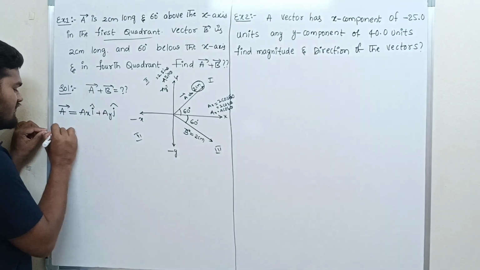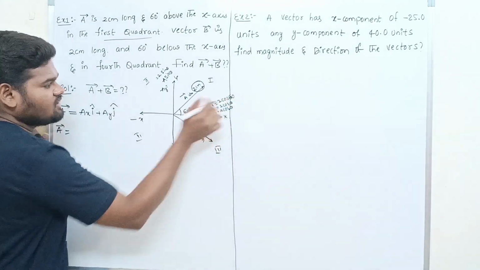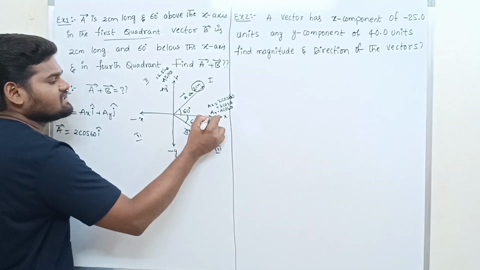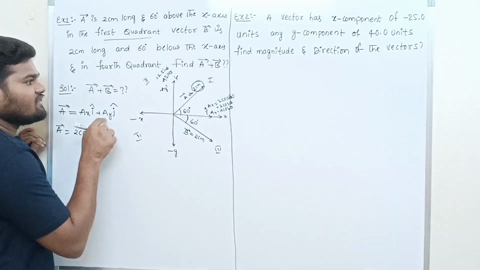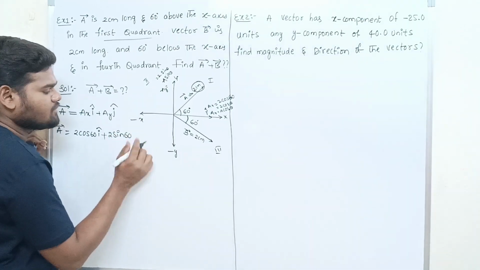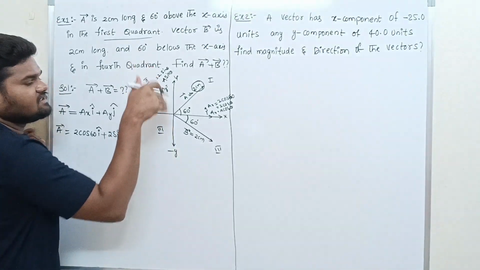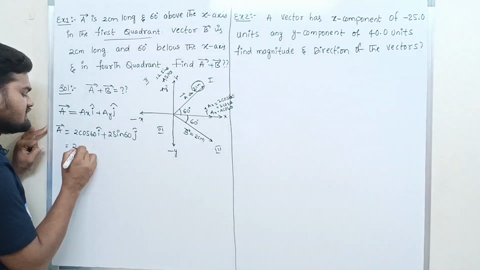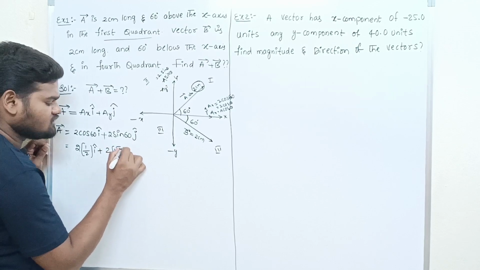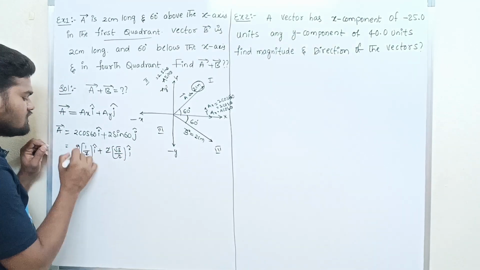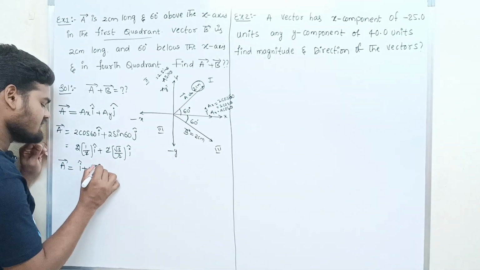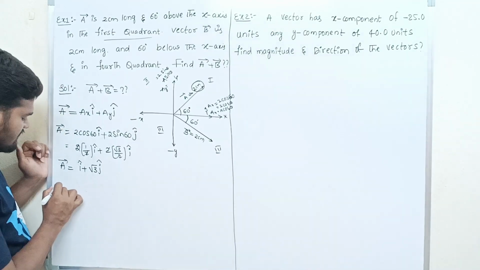So A bar is equal to Ax, which is 2 cos 60 i cap, because it is along the positive x-axis, i cap being the unit vector, plus Ay, which is 2 sin 60 j cap, because it is along the positive y direction. What is the value of cos 60? 1 by 2. So 2 into 1 by 2 i cap, plus 2 into the value of sin 60, root 3 by 2, j cap. The 2s get cancelled out, and the A bar vector is equal to i cap plus root 3 j cap. Right. Next we have to find the B bar vector.